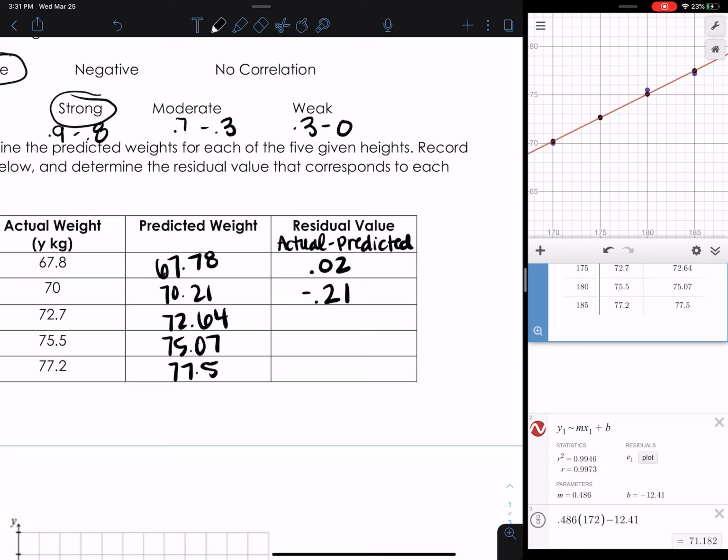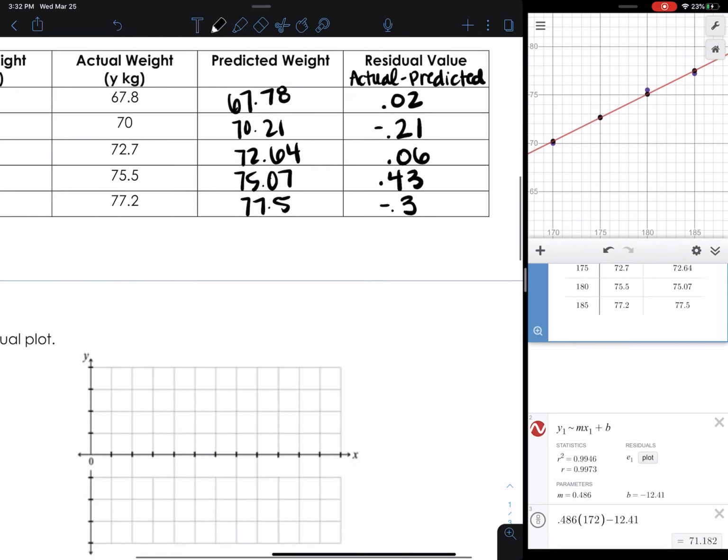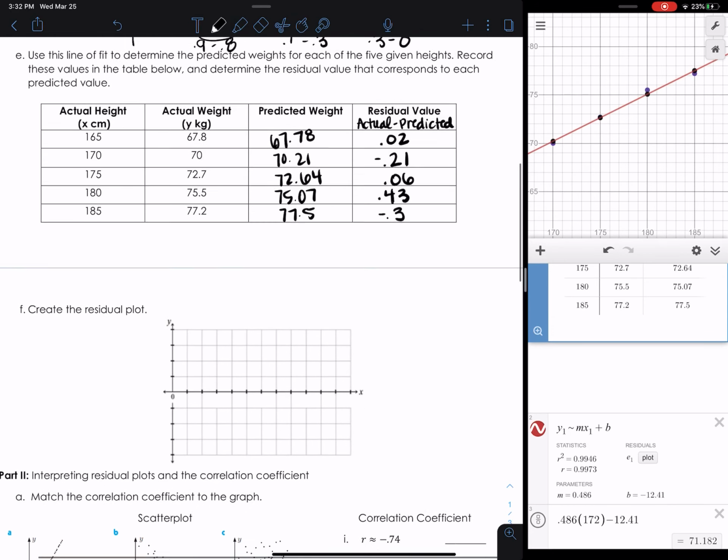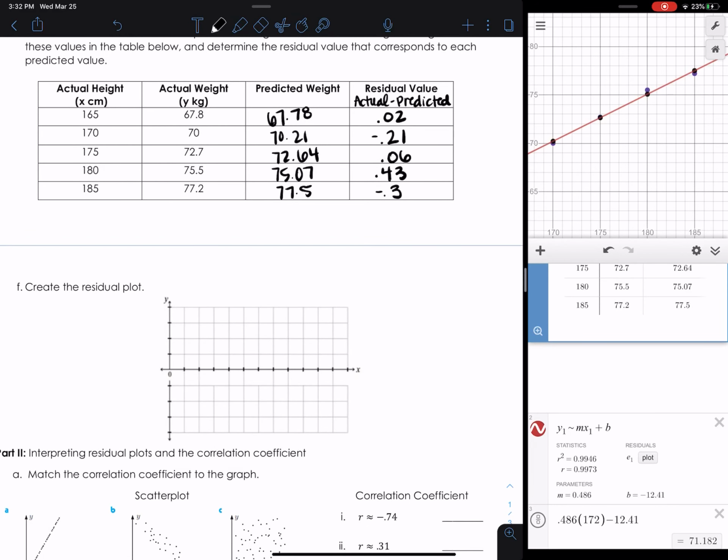Then we have 72.7 minus 72.64, so that would be 0.06. 75.5 minus 75.07, that would be 0.43. And then our last one, we have 77.2 minus 77.5, so that's negative 0.3. And then if you printed this out, this will be on the back. On this program, it just has the pages continuous.